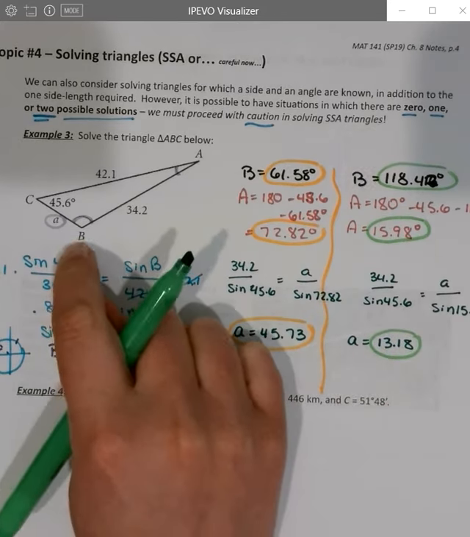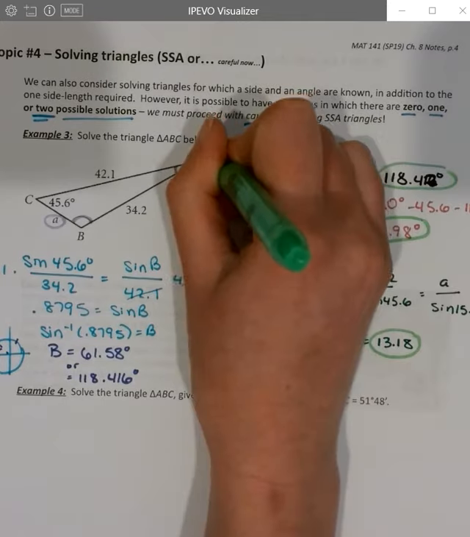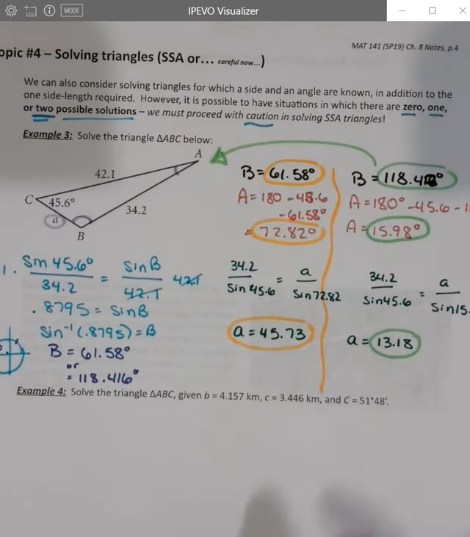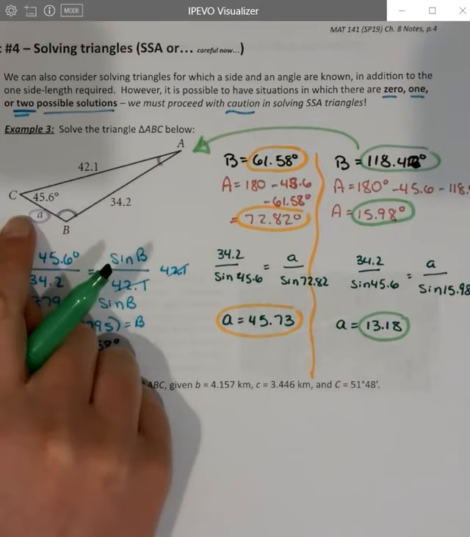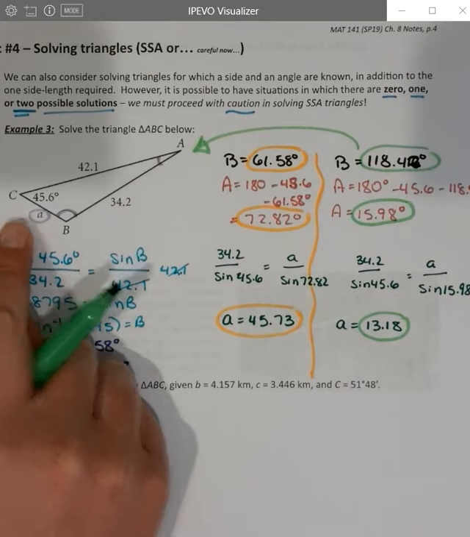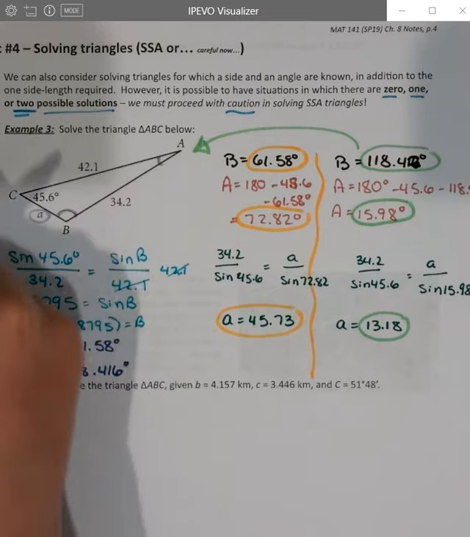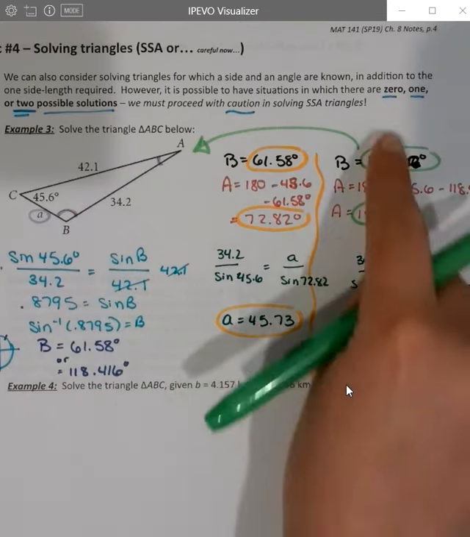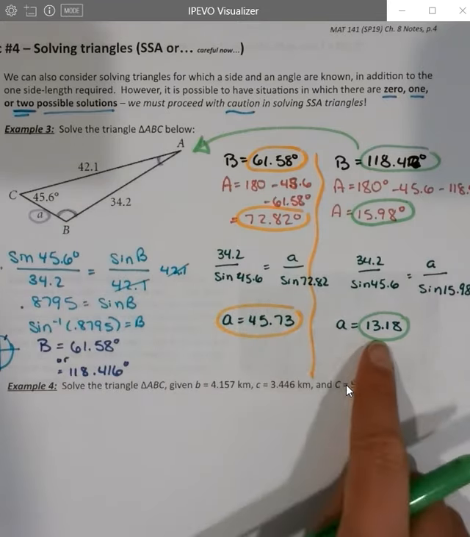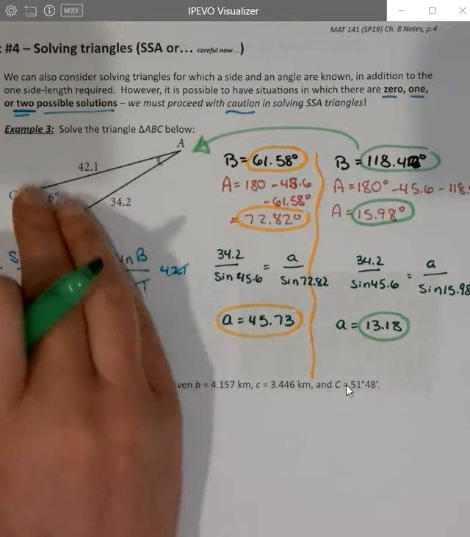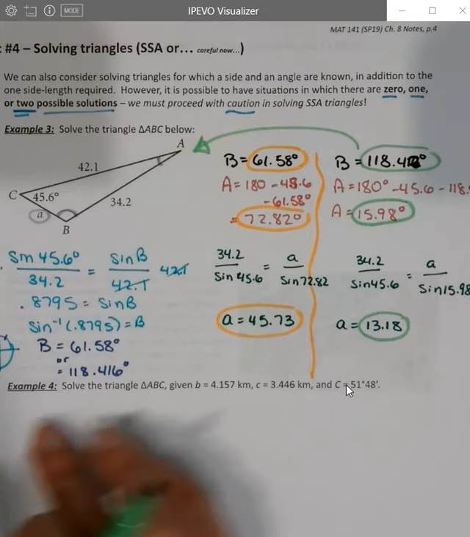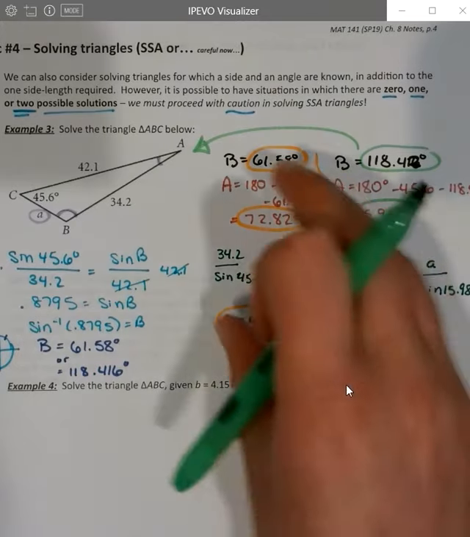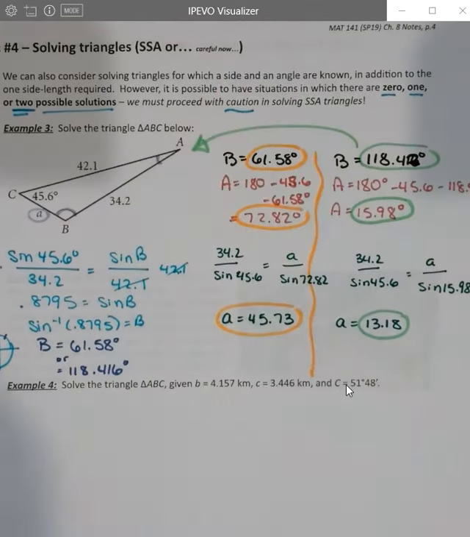Based on the way this picture looks, it is most likely that the second set is the correct set, that the angle A is only 15 degrees and side A being the shortest is 13. That would fit the diagram. So if the diagram is drawn to scale, we could eliminate this possibility and go with just this one. But right now, again, a lot of times when I draw a diagram, I'm not drawing it to scale necessarily, so we can't guarantee that this one has to be ruled out from what we know right now.